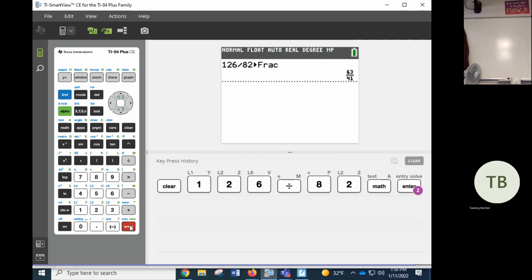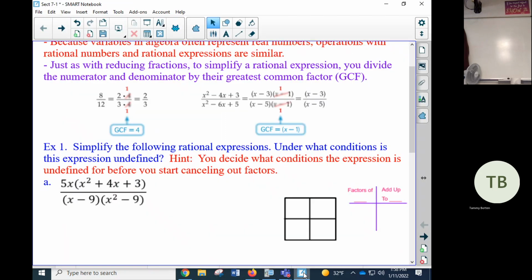So that is something you can do if you ever want to. Did everybody follow that? Okay, so you just write it as a division problem and then go math, enter, enter, and it will reduce any fraction that you have, okay?